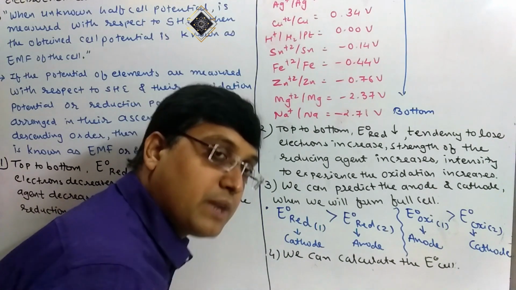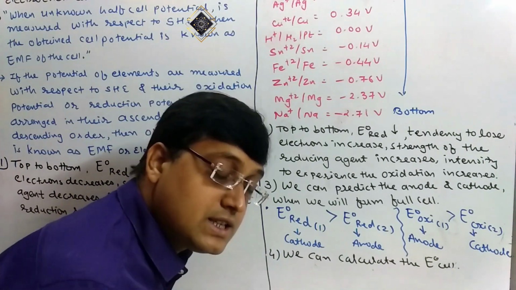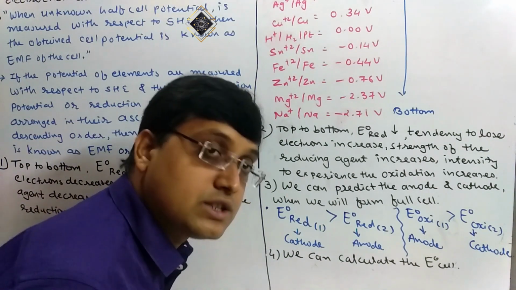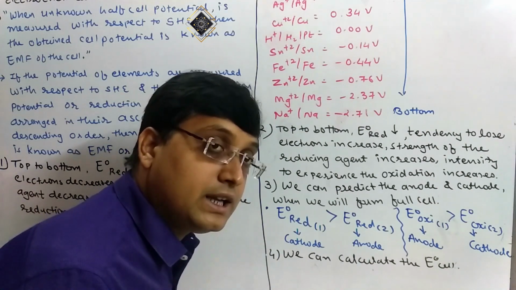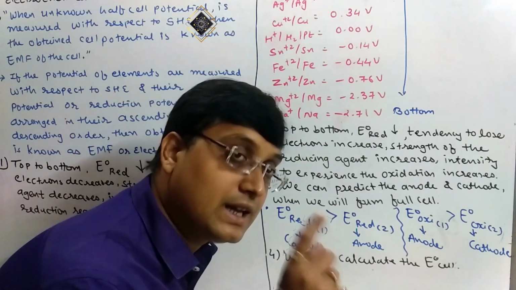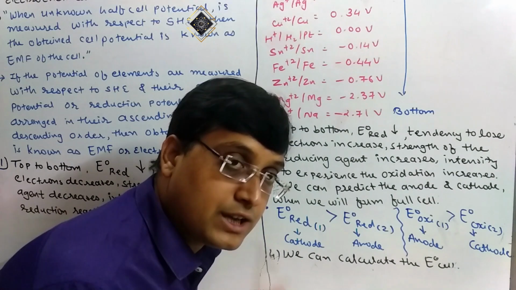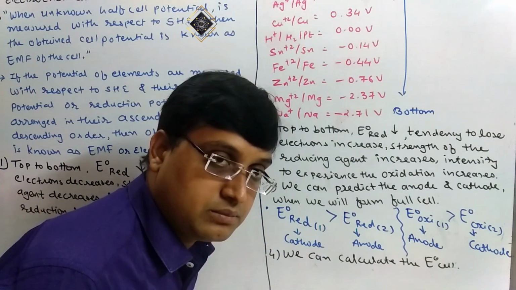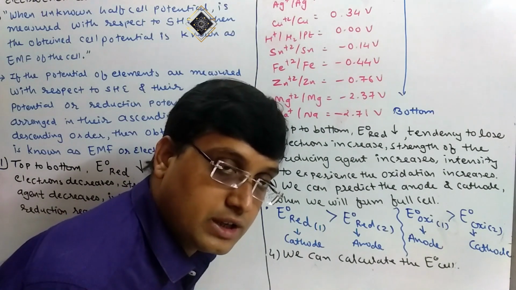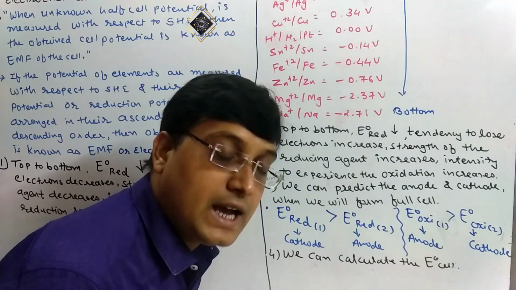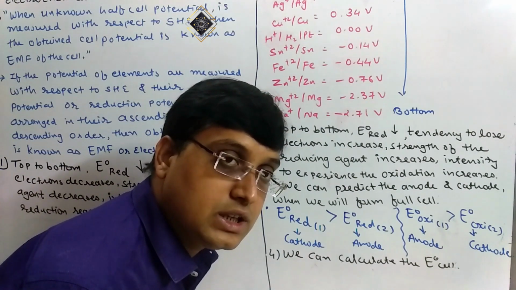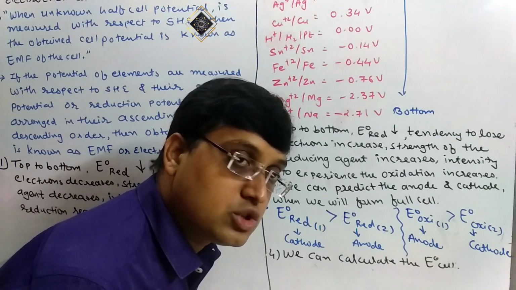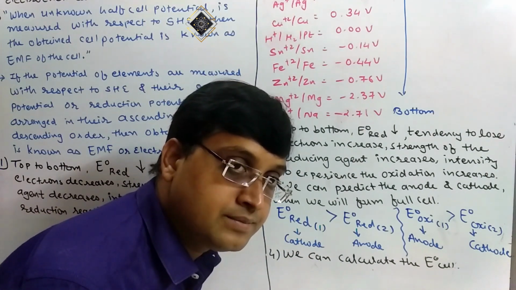So we can predict the E0 cell. This E0 cell is a theoretical value, it is not a practical value. The practical value is measured by the galvanometer, and to measure its accurate value we have to use the potentiometer. Clear? Once again, to measure the accurate value of the cell potential we have to use the potentiometer.